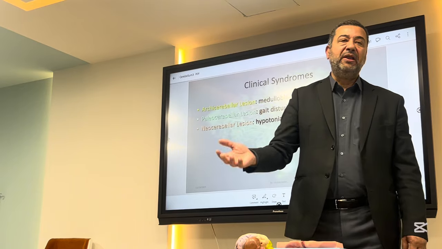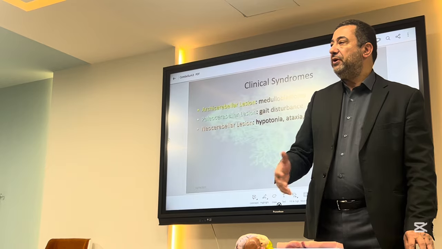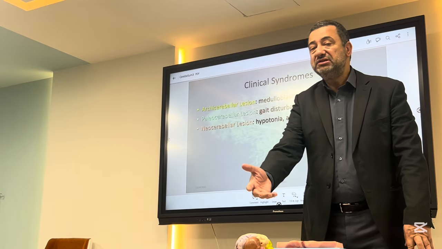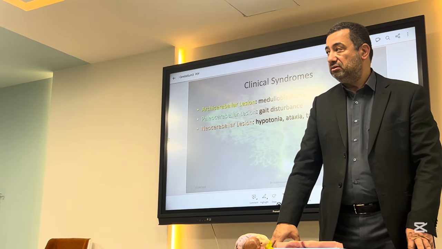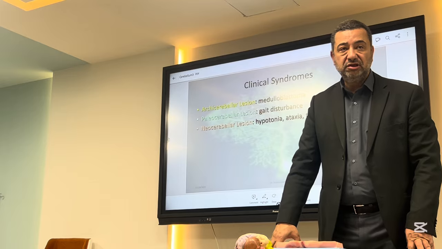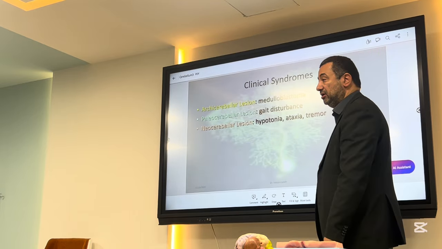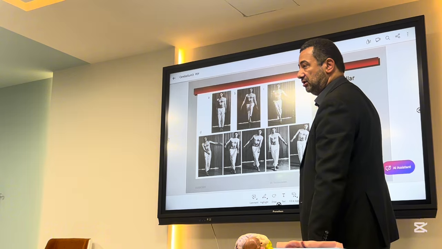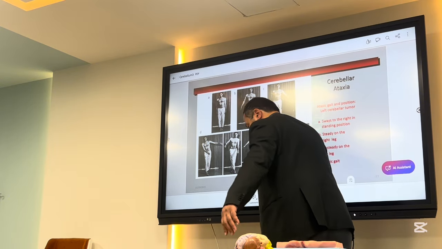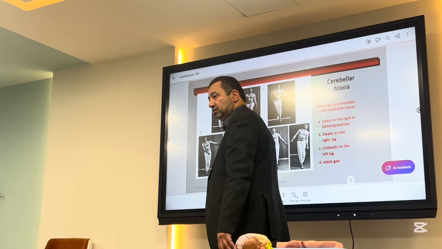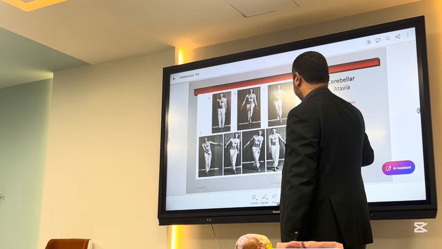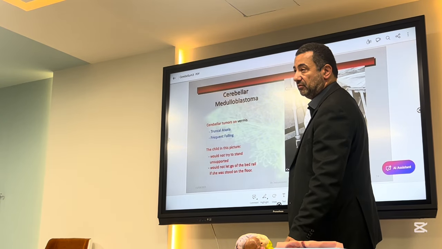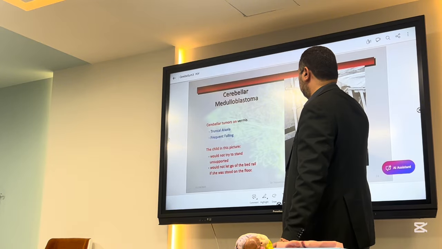But in the cerebellar lesion, your patient cannot estimate this distance. This is dysmetria. Here is ataxia in walking. Patient cannot walk normally. And here is medulloblastoma, a tumor of the cerebellum in the child.